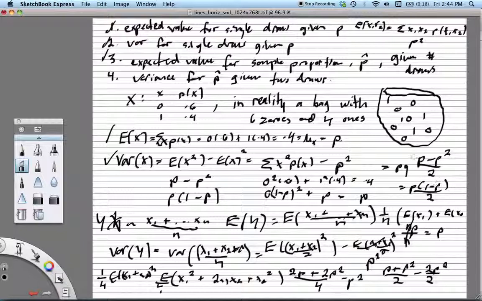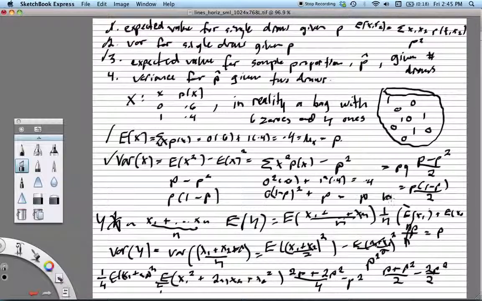And as we derived earlier, the variance is p times 1 minus p, so it's just the variance over 2. So in our sample of size 2, the variance of the sample mean was the variance of the random variable from which we were drawing divided by 2. Okay? And in general, this is going to be good.